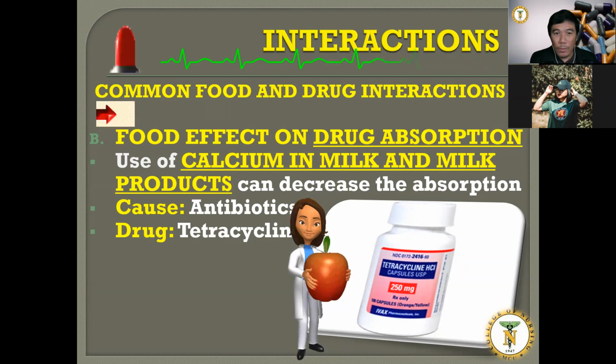So usually if these tetracyclines are given with calcium supplements or any milk products, it may decrease absorption. So you must not administer tetracycline with milk and milk products and with the calcium itself.